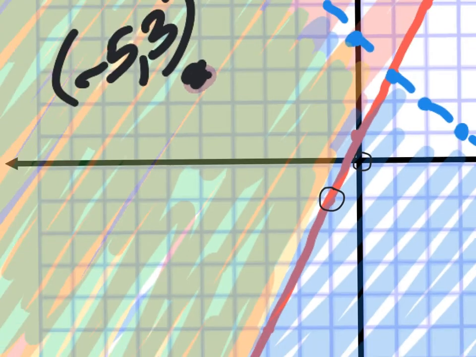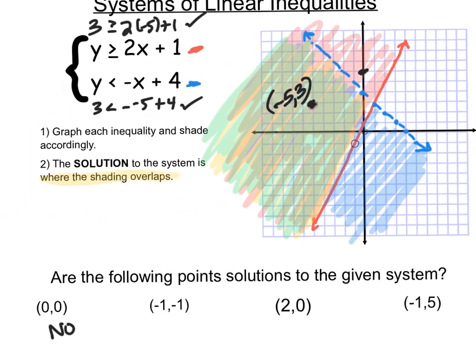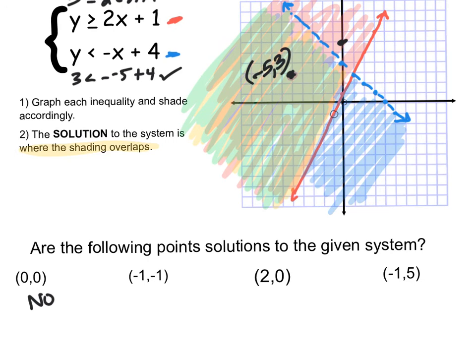And that one is a yes because it is right on the boundary, and that boundary is a solid line. So that one would be a yes, and I'll show you algebraically why it is a yes in a moment here. 2, 0 would be right here, and that's in the blue shaded area, but it's not in the overlapping area, so that one is a no.